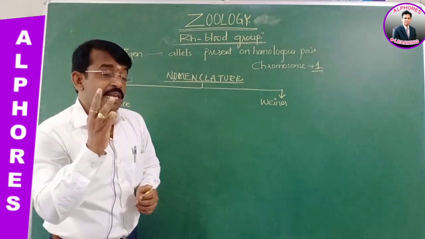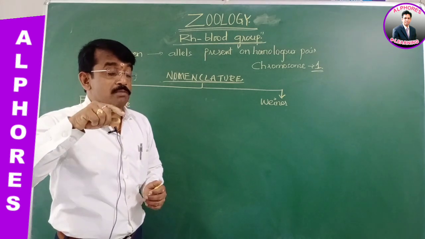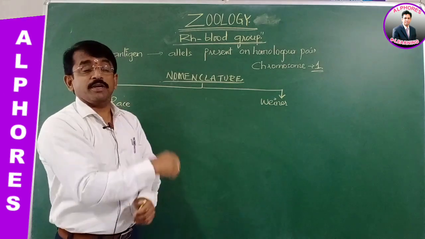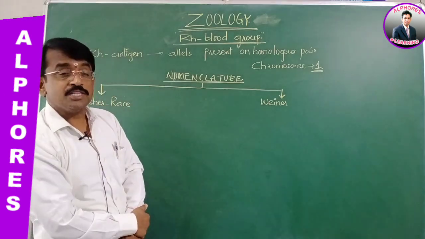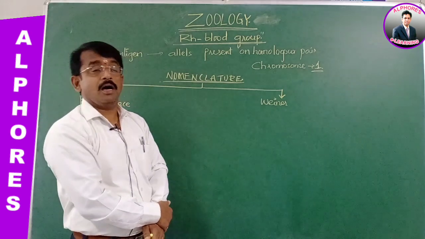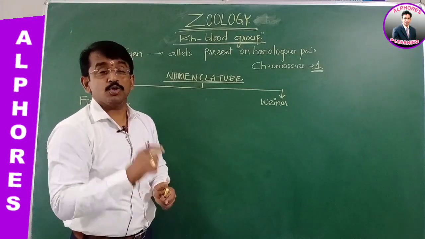All these three alleles are present among the population. I am saying all three alleles are present at one locus. That is, the genes with the alleles are present on a single chromosome pair, chromosome 9.